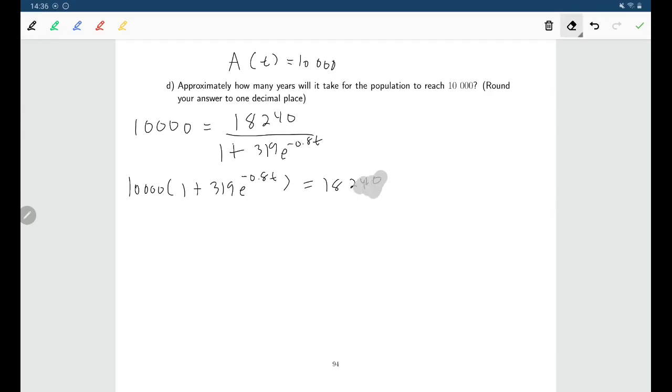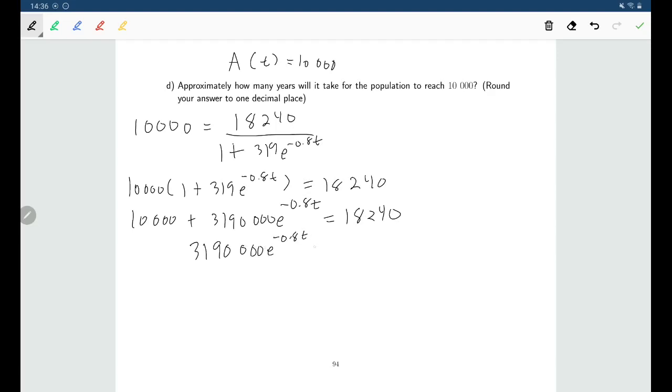And then next I'm going to just expand what I have on the left side. I'll multiply that out. And now I'm going to do the same thing that I usually do. I'm going to eventually isolate that exponential expression. So first, subtracting 10,000 from both sides. That leaves me with 8,240.